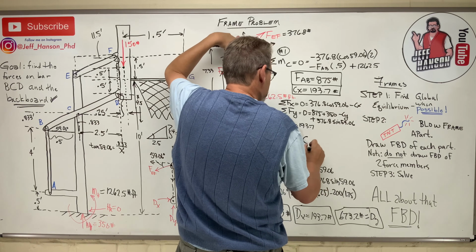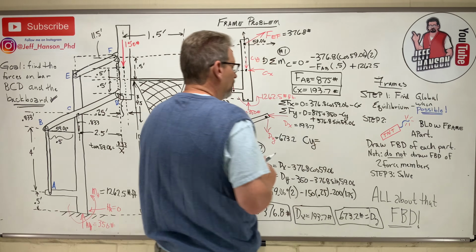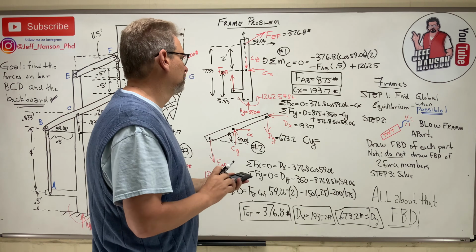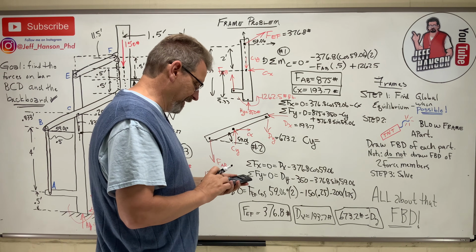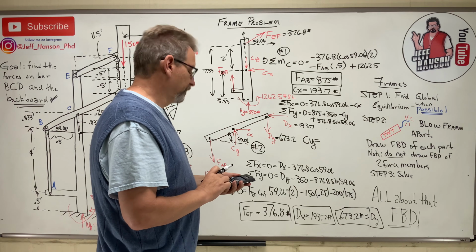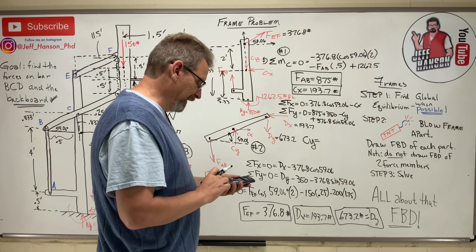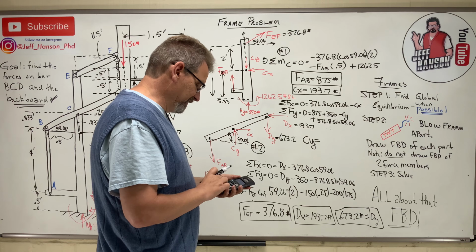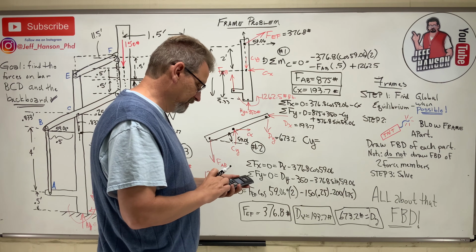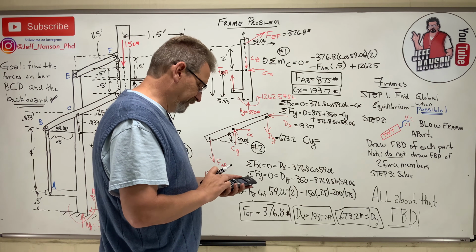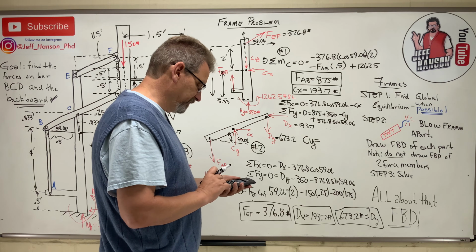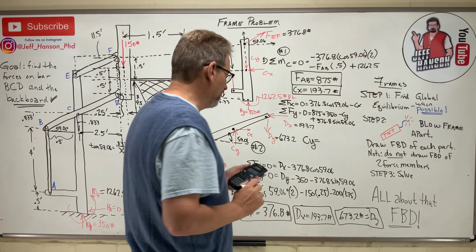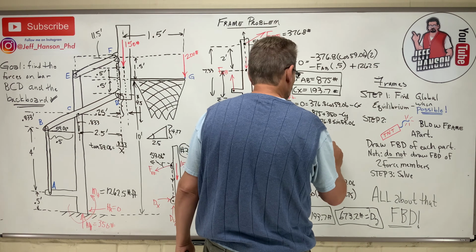And so the last one, CY, is equal to, drum roll please, 875 plus 350 plus 376.8 sine of 59.06. Oh, this problem is finally over. 1,548.